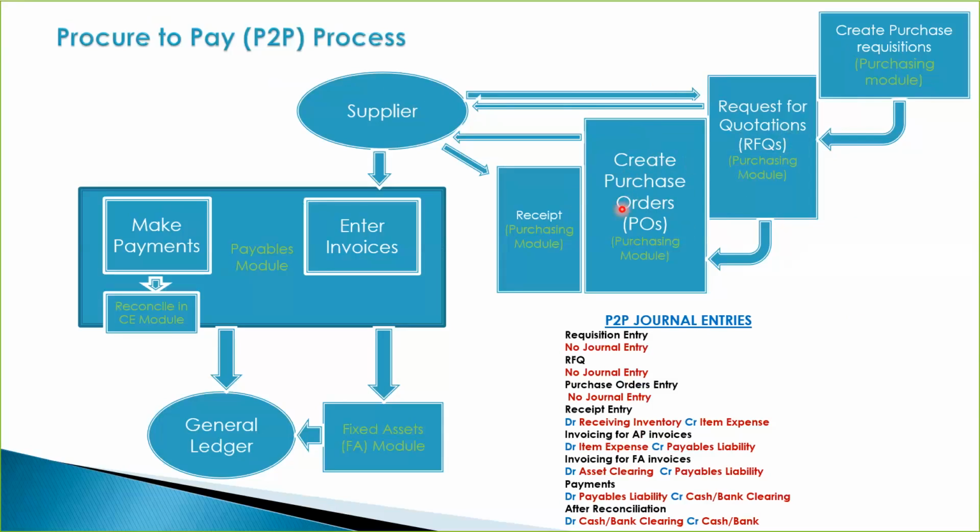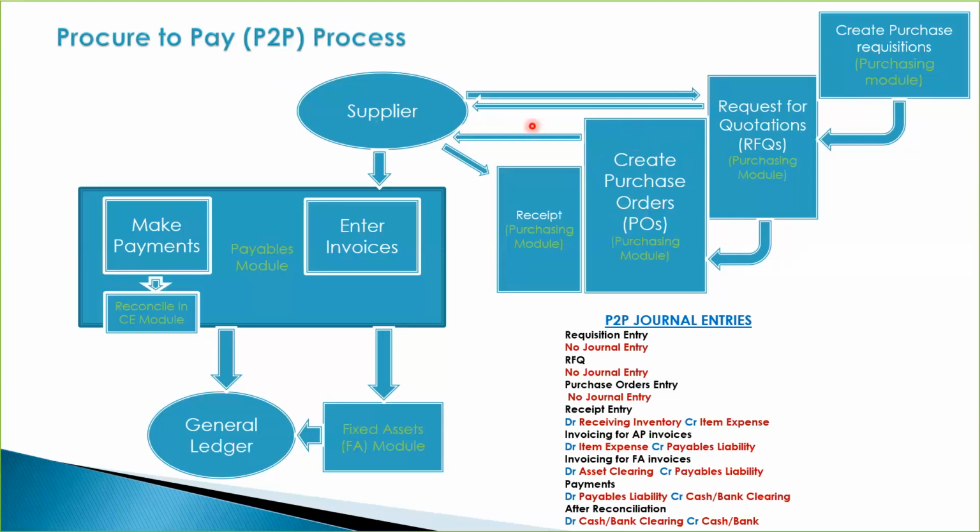A purchase order is basically a legal document that contains information about what we want to procure and is sent out to the supplier in order for the supplier to provide us with whatever we are trying to procure. It will contain the price based on the quotations that we received, and also the quantity or the amount of the office supplies that we want to procure.